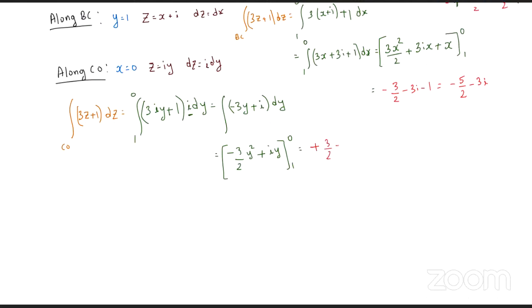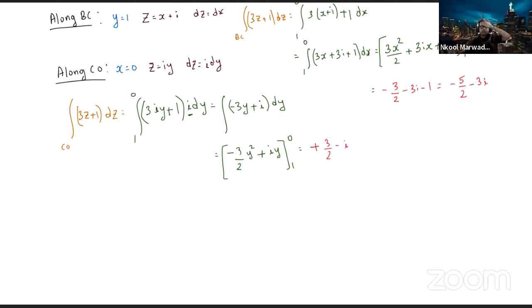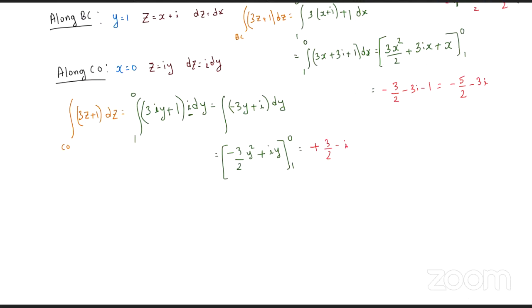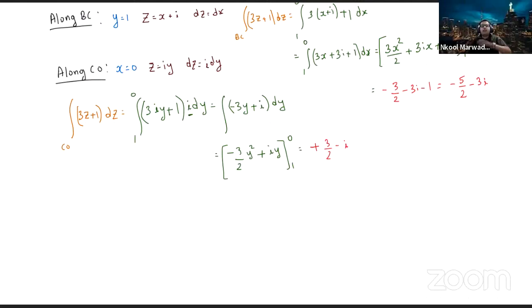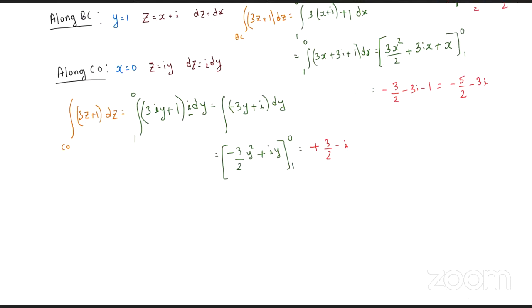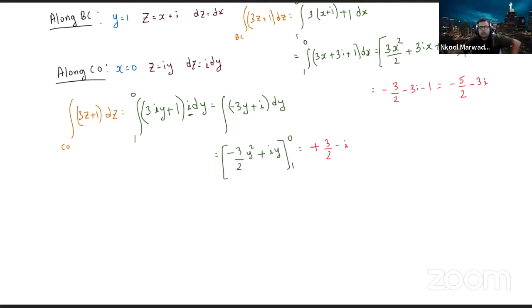Where minus plus? You see, when you put the limit, upper limit minus lower limit, upper limit is 0.